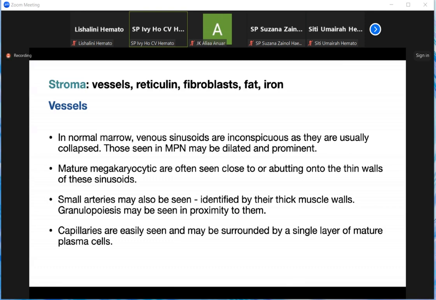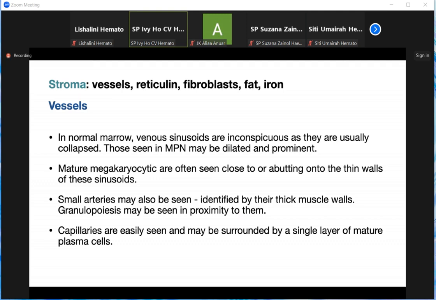And then remember I talked about the location and the friends of different types of cells. Mature megakaryocytes are often seen close to or right next to the thin-walled sinusoids. Remember, if you see the megakaryocytes, try to identify the collapsed sinusoid beside them. They are not very obvious, but if you look close enough, you will be able to appreciate them.